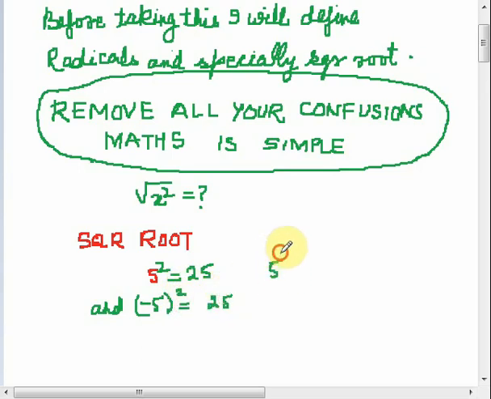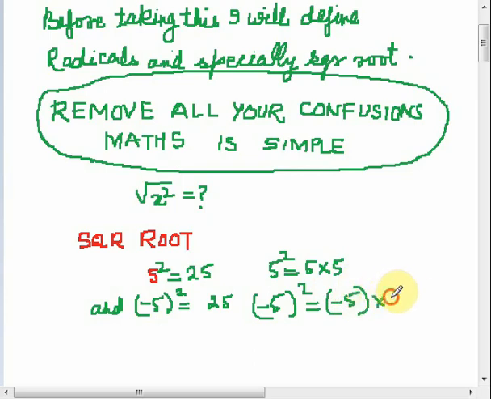That is, 5 square is equal to 5 into 5, and minus 5 square is equal to minus 5 into minus 5, which is, minus cancels out, 25.